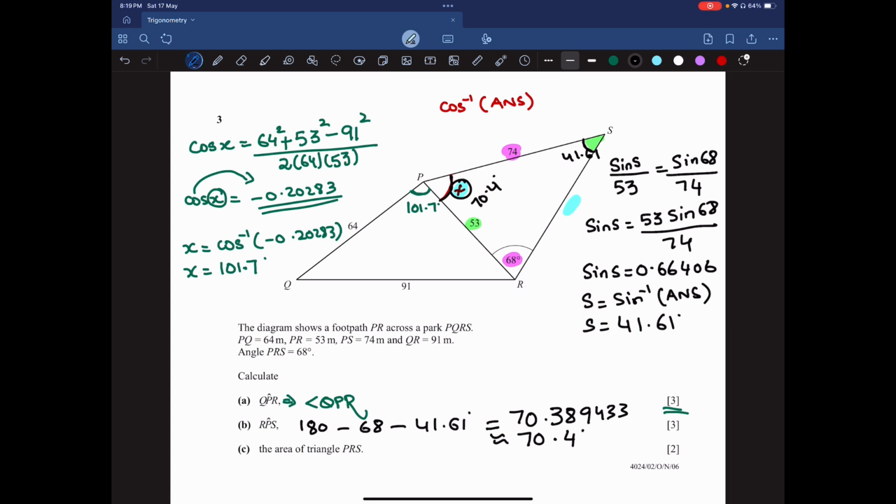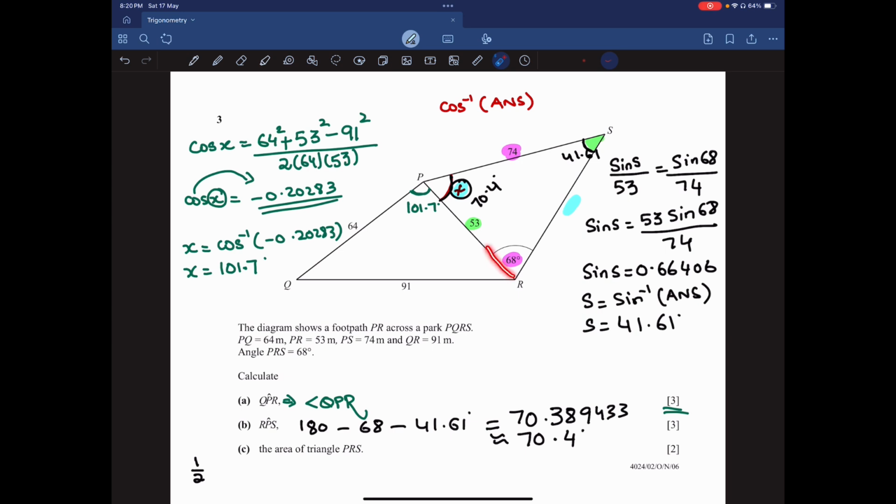Okay, the last part, find the area of triangle PRS. Okay, so this triangle. We do not have a perpendicular height in this triangle. However, we have a formula that we can apply when two sides and an included angle are given to us.